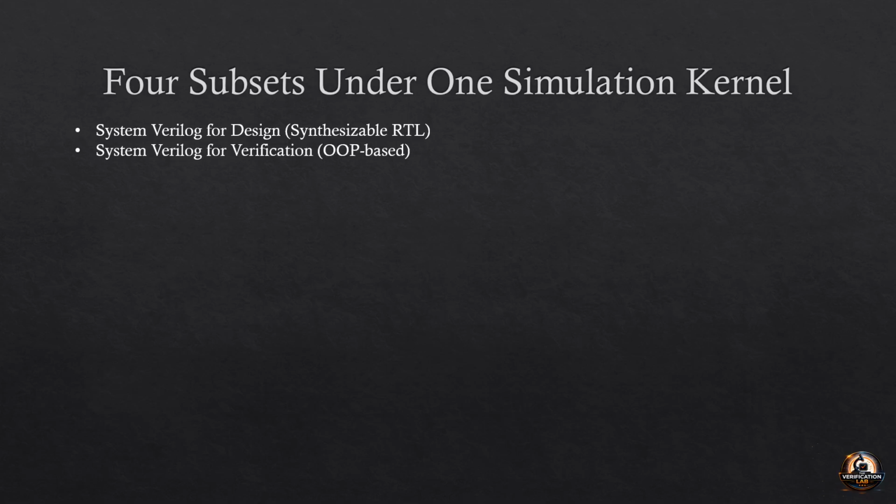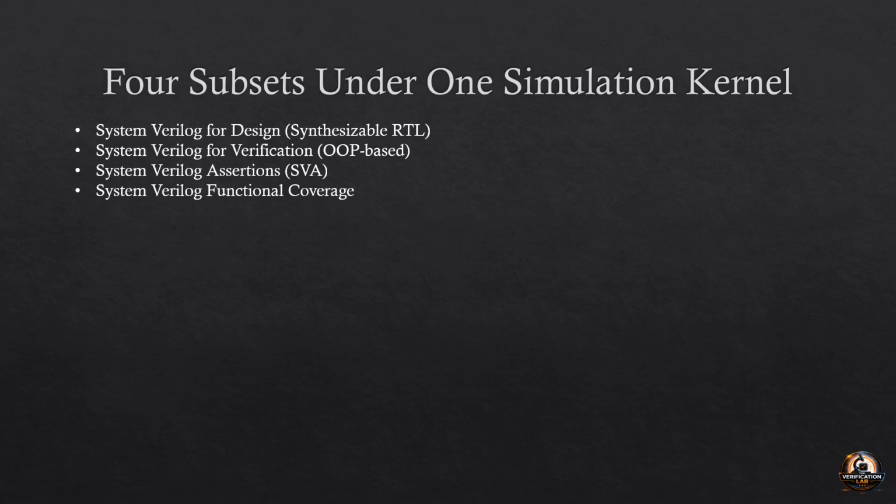Then we have SystemVerilog for verification, used to build advanced testbenches using classes, inheritance, and polymorphism. Then we have assertions. Assertions are statements used to check the properties of the design. In simple words, they check whether the design behaved correctly during simulation or not.